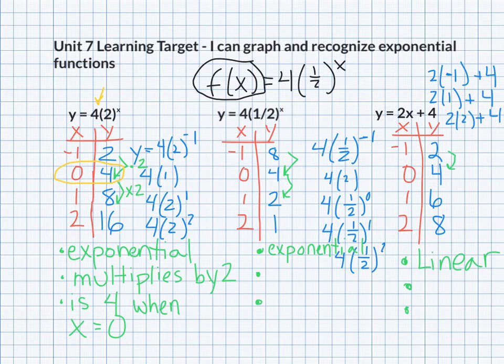Okay, thinking about how these look on a graph. I want to see you fill in the couple of bubbles here, couple here, and then think about how that looks on a graph.